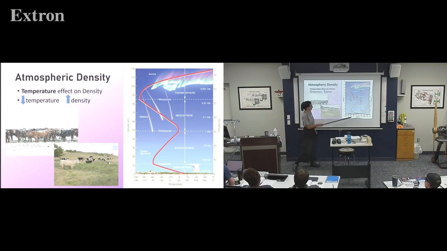Now, temperature in the atmosphere does kind of a tricky thing. Here we see this is negative and this is positive. So as you go up in the troposphere, that is where we fly, that's where weather happens. You see a nice big scary thunderhead illustrated in the troposphere.